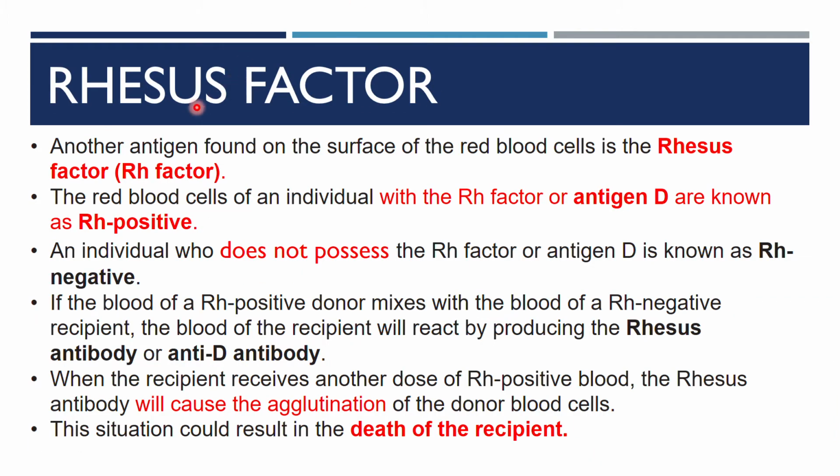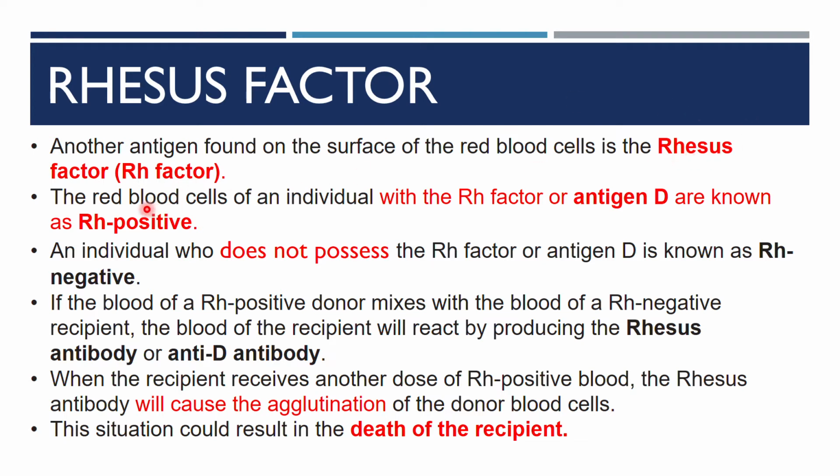Alright, so how about the grouping of the rhesus factor? Actually there is another antigen found on the surface of the red blood cells, and this type of grouping is known as the rhesus factor. It is whether you are rhesus positive or rhesus negative.